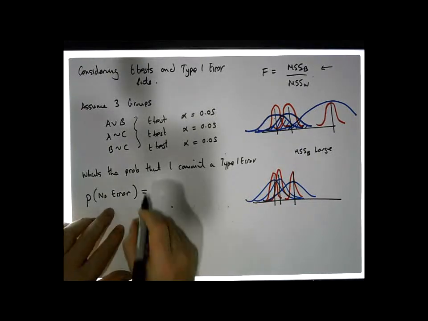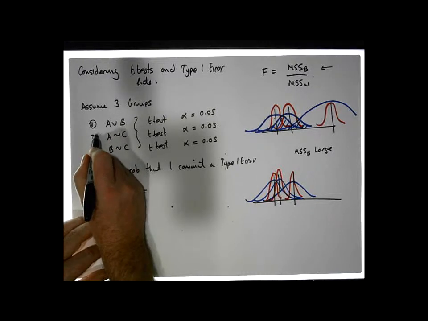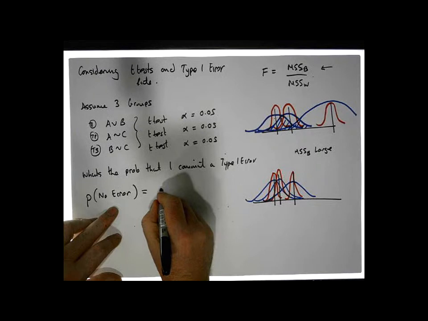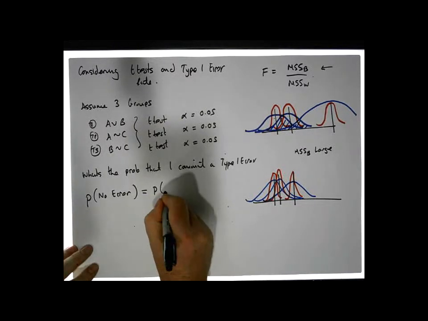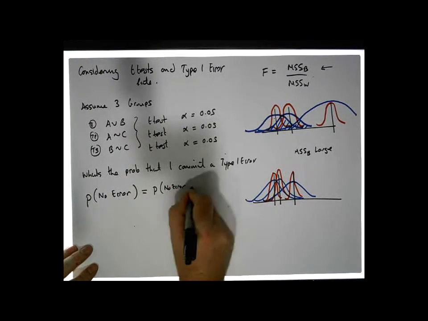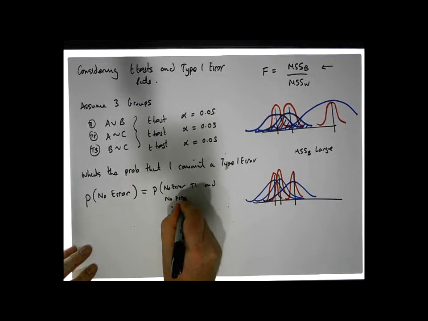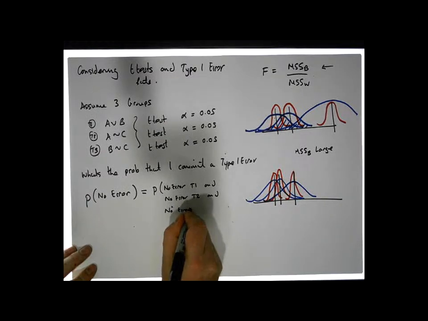Let's say tests T1, T2, T3. The probability of no error means I have to calculate the probability that there was no error for T1, and no error committed for T2, and no error committed for T3.